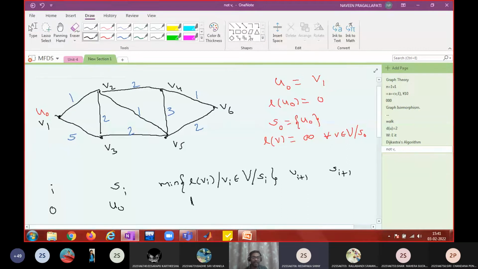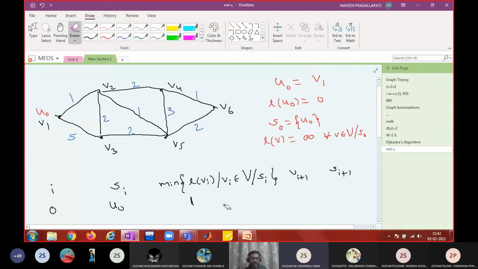Minimum of 1, 5, and V1 to V5 is 7. V1 to V4 can be 3, like that. So that is the minimal length 1.